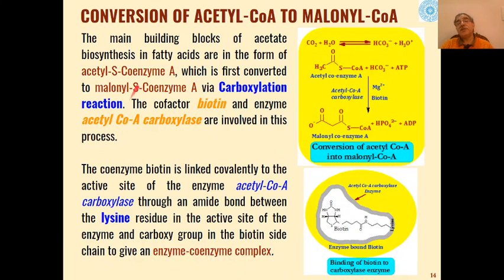Similarly, one important reaction is conversion of acetyl coenzyme A into malonyl coenzyme A. This can be achieved via a carboxylation reaction, and here the cofactor used is biotin, and the enzyme used is acetyl coenzyme A carboxylase.